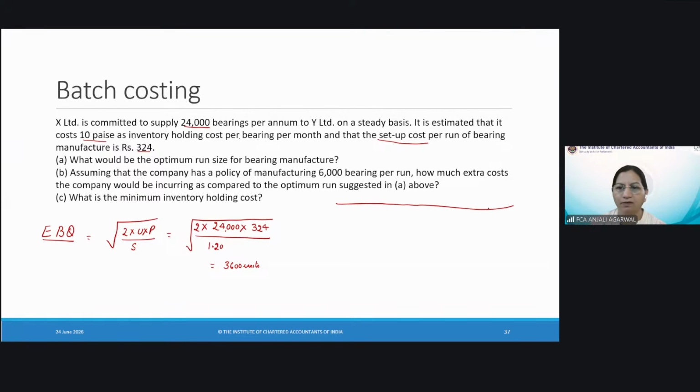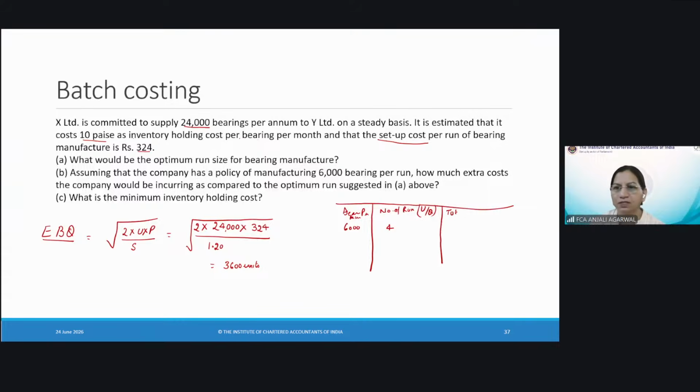So once again, we can prepare a tabular form. So if bearings per run are 6,000, number of runs will be 24,000, the quantity you need, usage, divided by quantity you are producing. 24,000 divided by 6,000, you will have 4 runs.